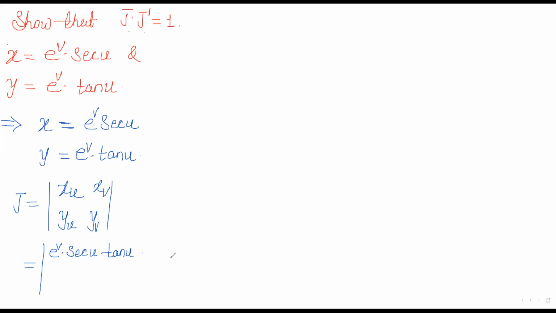Then derivative of x with respect to v, e raised to v as it is into sec u. Derivative of y with respect to u, tan u is a derivative. It is sec square u. And derivative of y with respect to v, find out the derivative determinant.